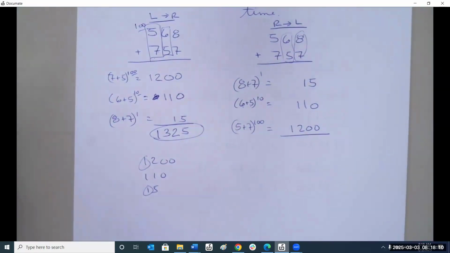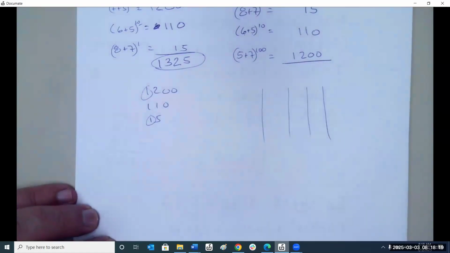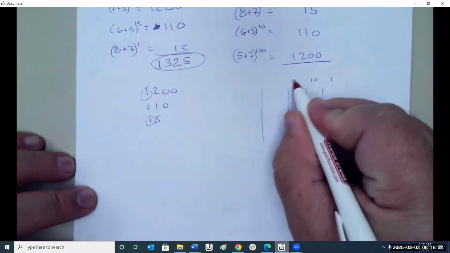So what's the easiest way to make sure students put it in the right columns? Have them use columns. So 15, this is the ones, this is the tens.